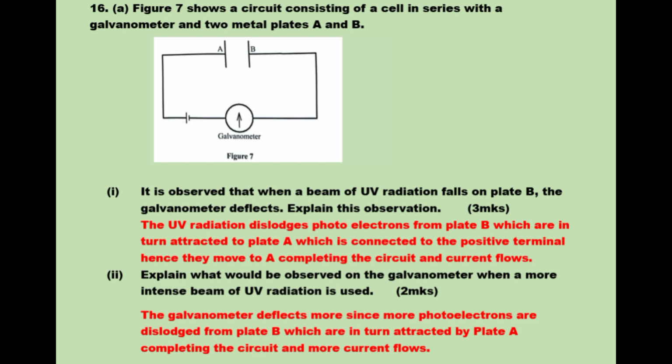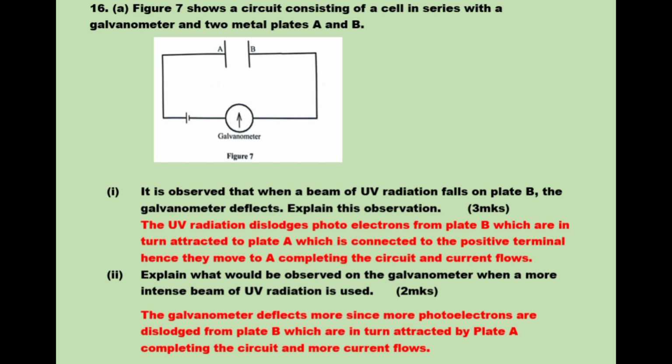The UV radiation dislodges photoelectrons from plate B, which are in turn attracted to plate A, which is connected to the positive terminal. Hence, they move to A, completing the circuit, and the current flows. Remember, B is connected to the negative terminal of the cell, and A is connected to the positive terminal. So plate A is the anode, connected to positive, and B is the cathode, connected to the negative terminal of the cell.